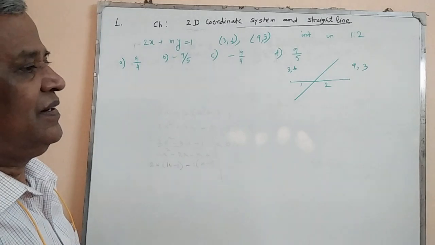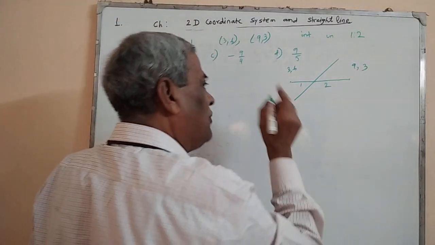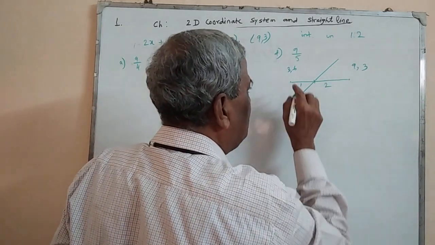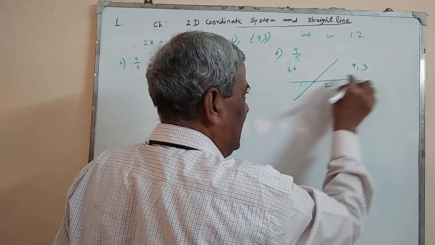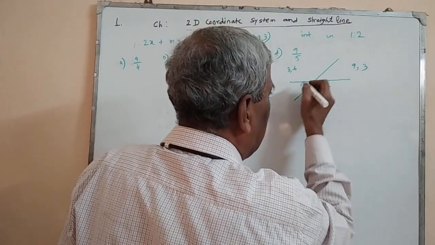This is the figure. Then what would be the value of m? First of all, let us find this point which divides this point and that point in the ratio 1:2. Call that point C.